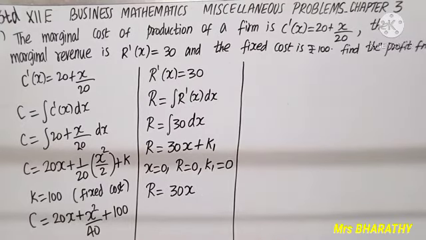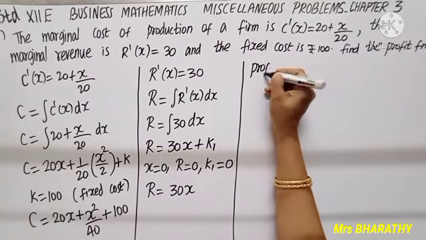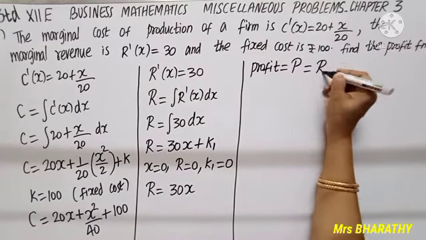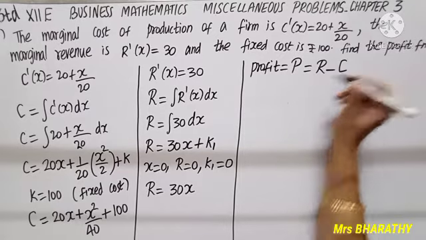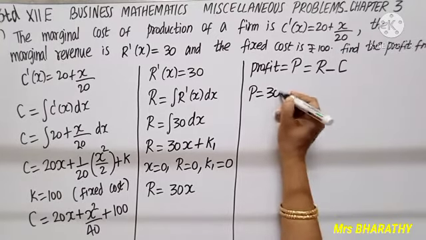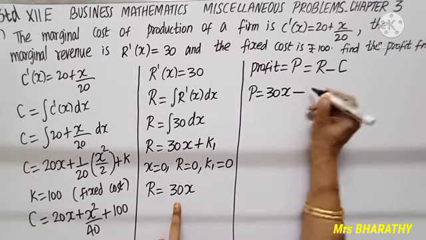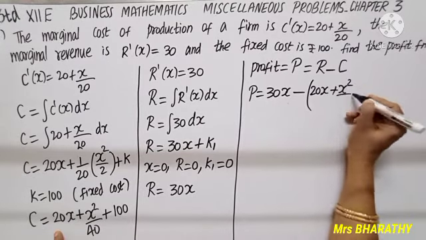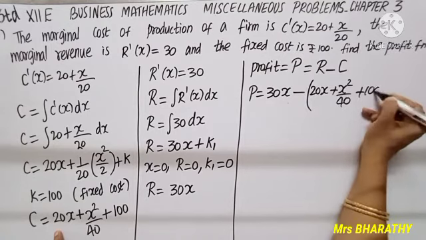My question is to find the profit, and we know profit capital P is nothing but revenue minus cost. Revenue is 30x minus cost, which is 20x plus x square by 40 plus 100.